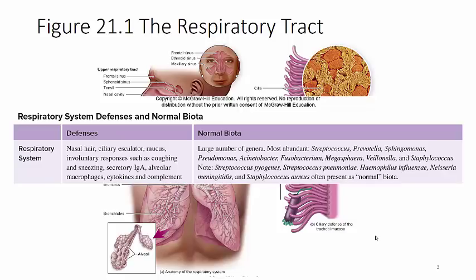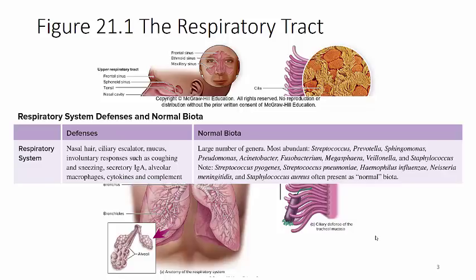We have alveolar macrophages, which are phagocytic cells that can attack and destroy foreign cells that will be inhaled. And then we also have the presence of cytokines, which can communicate messages between immune cells and recruit immune cells to the area if needed, and complement proteins.